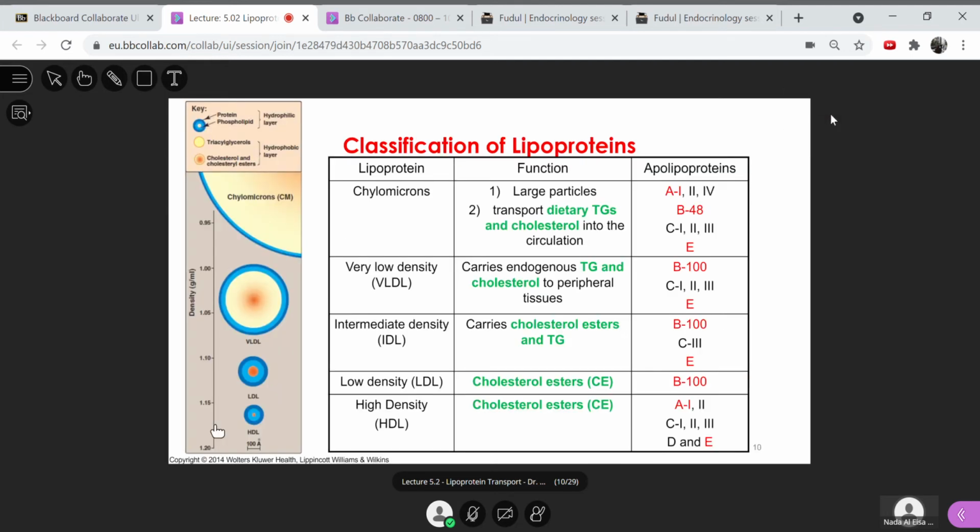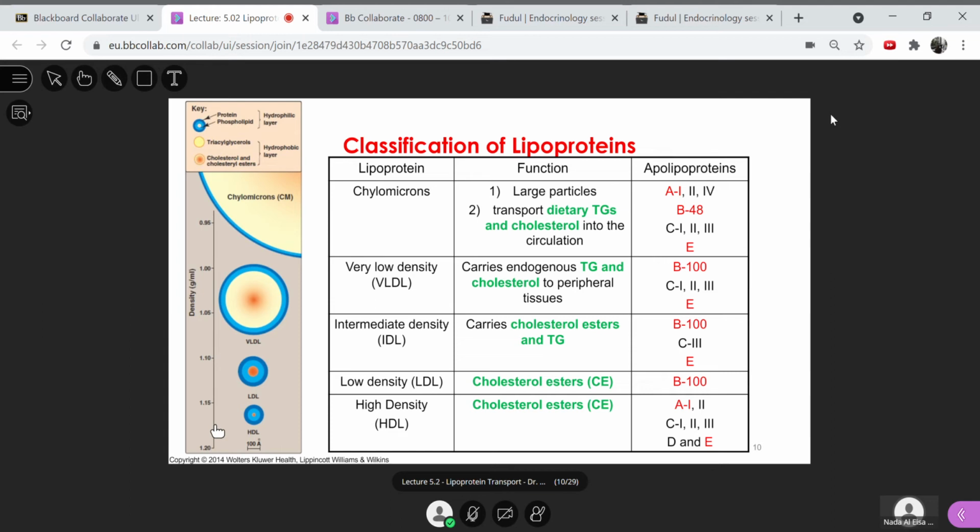So the classes of lipoproteins, I'm not going to spend much on that because we have learned it quite a lot in the past, but you know there is the chylomicron, the largest particle. I'll try to phrase it in a different way. Maybe it will make it simple for you to memorize. We have the two lipoproteins which transport lipids.